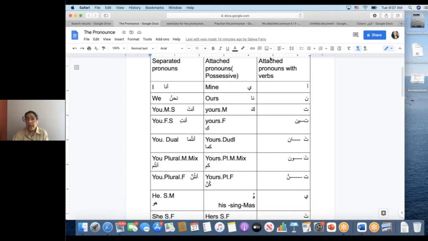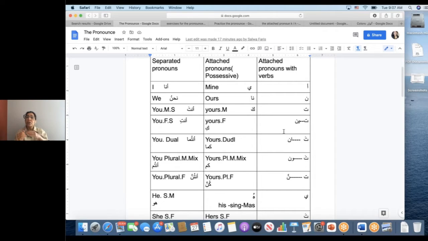With these letters, which are mostly prefixes and sometimes suffixes, this comes just with the verb. So you have to take the verb in the past tense to create from it the present tense.